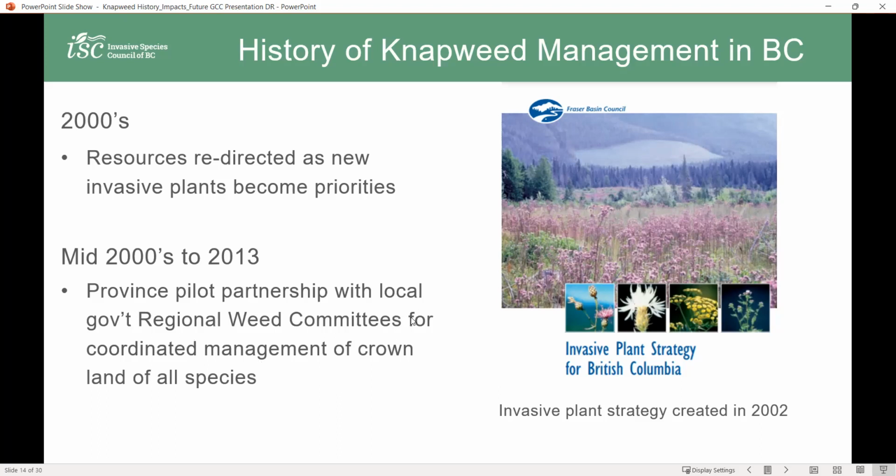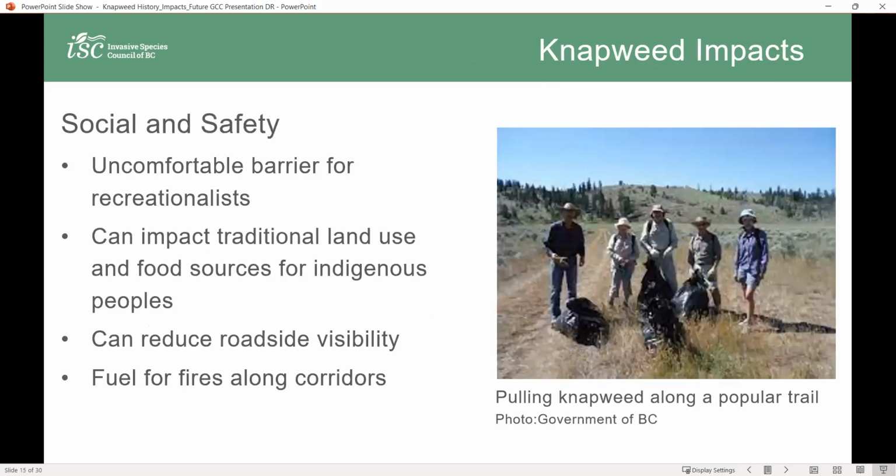Historically, weed control was carried out by individual ministries on their jurisdictions, like Parks or Ministry of Forests or Ministry of Transportation. This was a partnership and a pilot that brought all the jurisdictions together, and they were all funding and directing one local program on all jurisdictions.